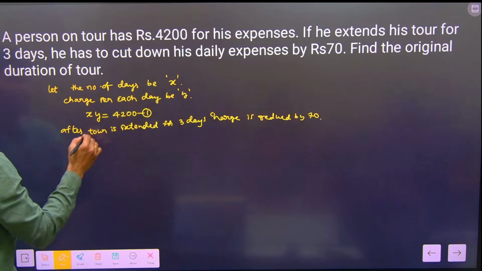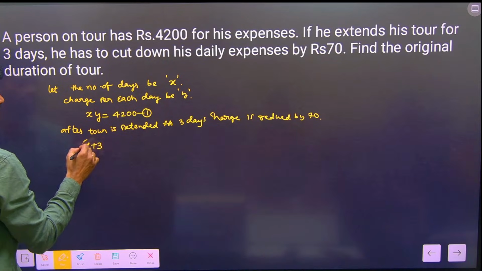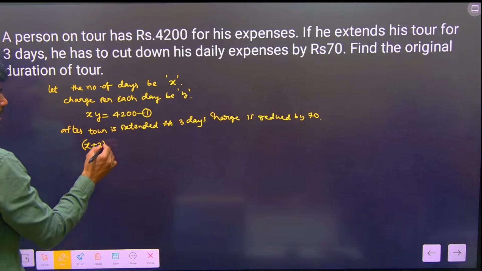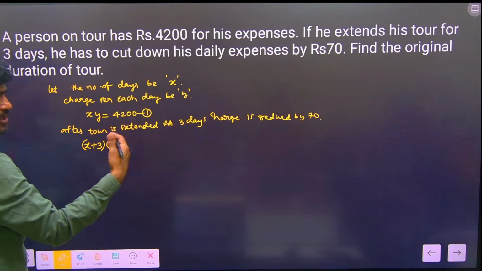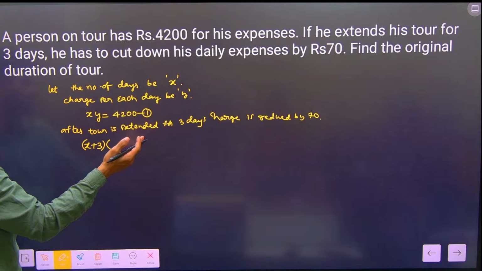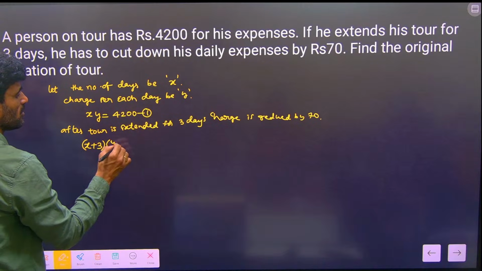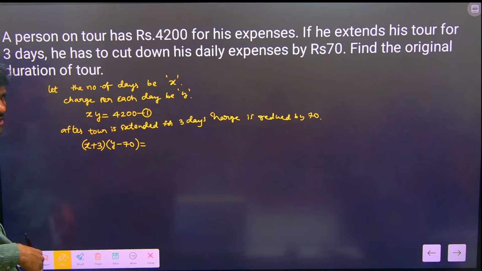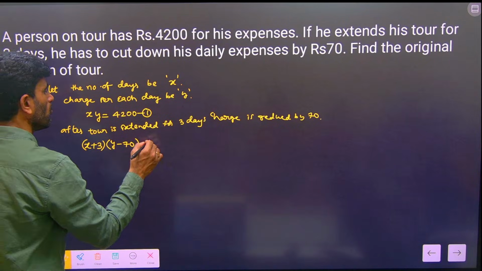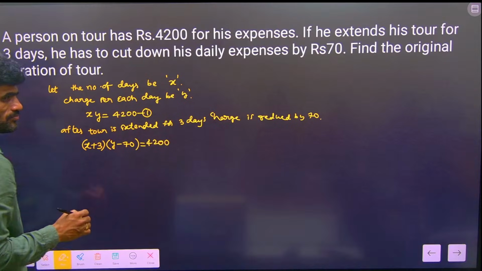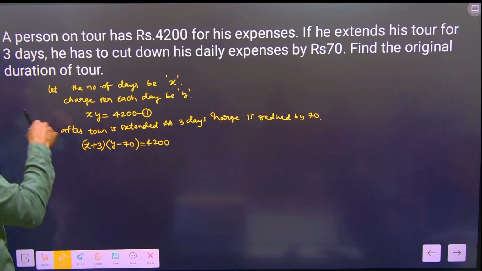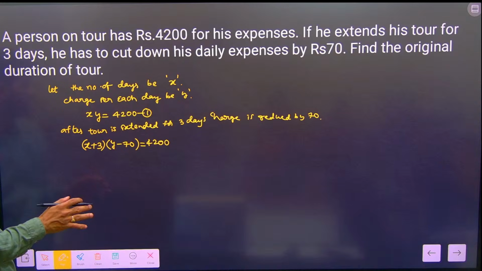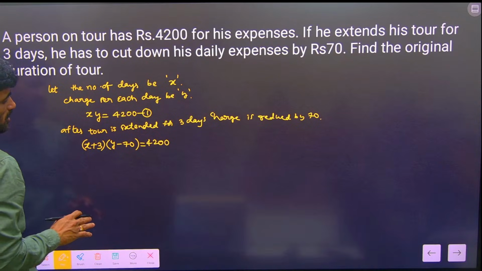So x will become x plus 3 because the number of days is increased. And the charge per day, each one is reduced. So y minus 70 is equal to, is there any change in the total charge? So that is again 4,200 only. You can do like this. Here total amount same. Only days and charge per each one is changed.